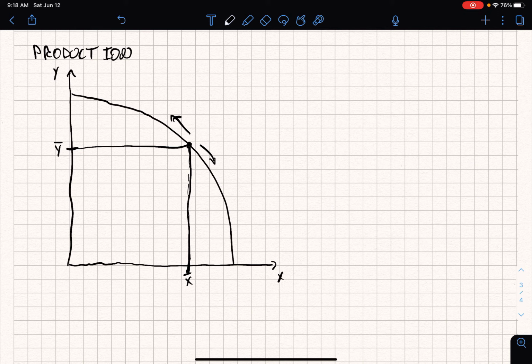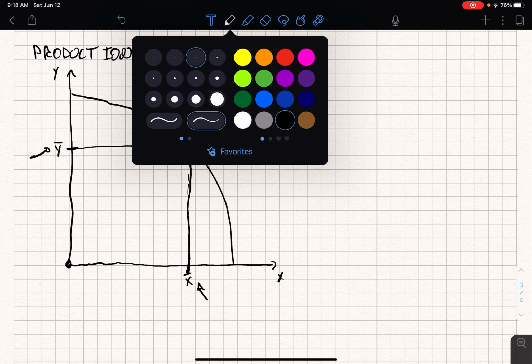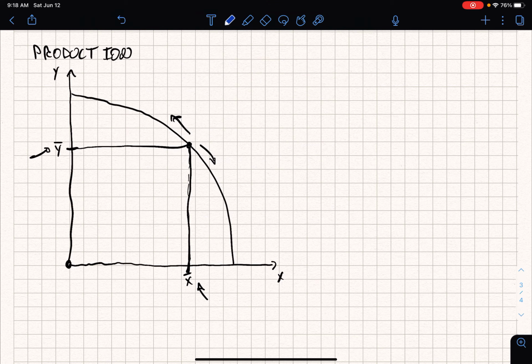But it turns out this Y and this X, along with the origin, give us an Edgeworth box. So when we move up, we can think about this origin as Andrew's zero allocation.